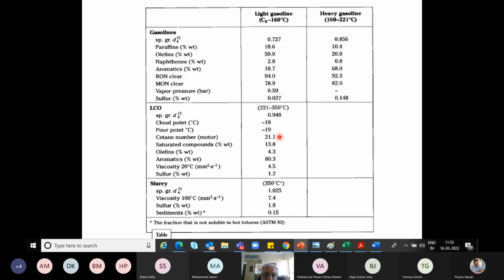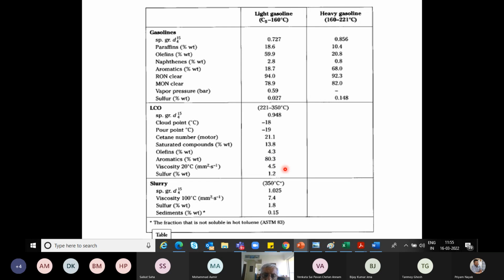But otherwise, it becomes difficult, because this low cetane number is not advisable, and you cannot meet the cetane number specification on diesel if you blend LCO. That is precisely because of the high aromatic content, around 80%.